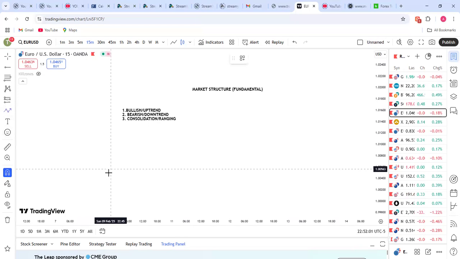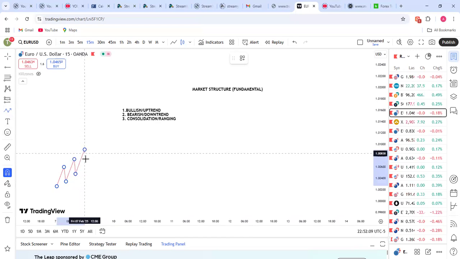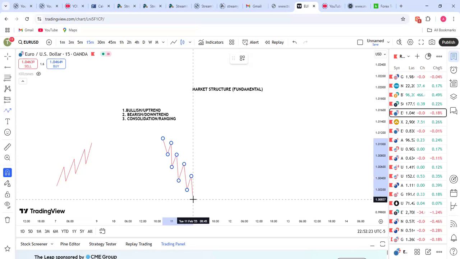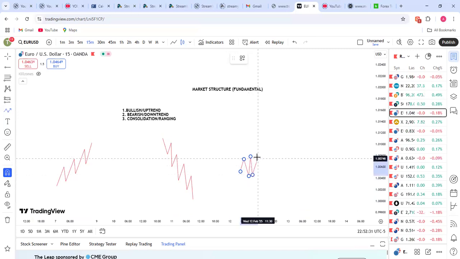For a bullish market, the market creates a series of up and down, up and down, up and down. And for a bearish market, we have a downward movement. For the consolidating or ranging market, we have the market just moving sideways, not up, not down.